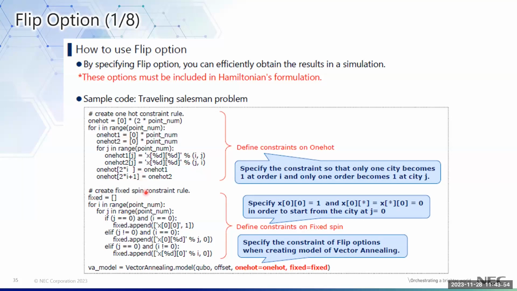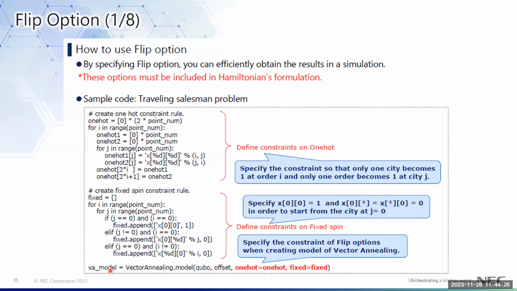And then you create a second constraint, which is a fixed spin. In this case, you define constraints on the fixed spin that x of 0,0 is 1, and x of 0 with the second index being any, and x with the first index being any and the second at 0, has to be 0, in order to start from the city where j equals 0.